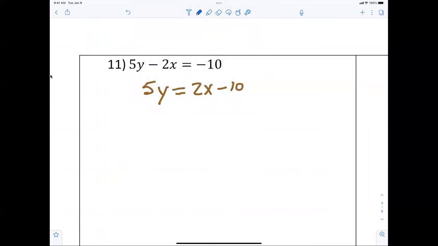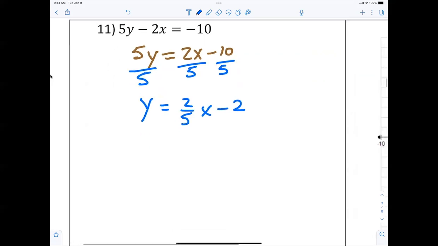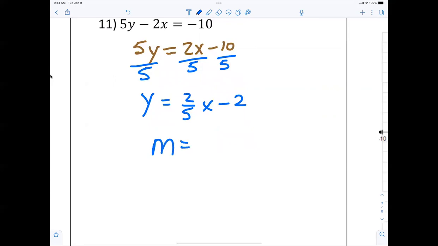What am I doing? Dividing by 5 because I'm trying to isolate the y. Divide by 5, divide by 5, divide by 5. Y equals 2/5 x minus 2. So now everybody puts down m equals 2/5 and b is equal to (0, -2).